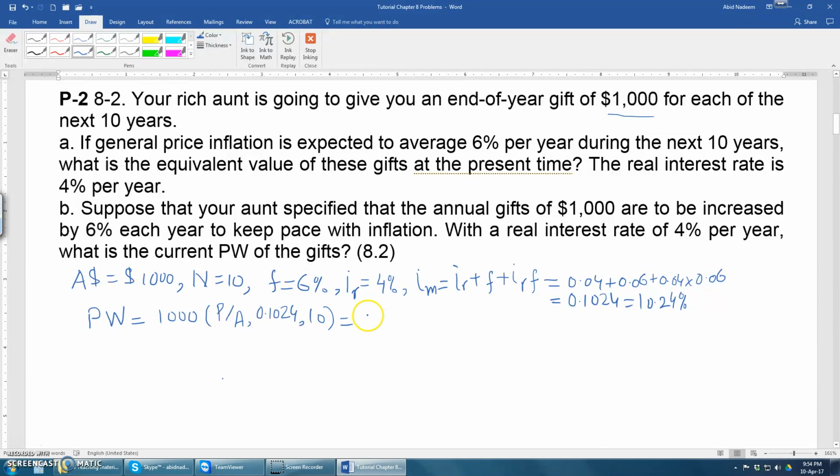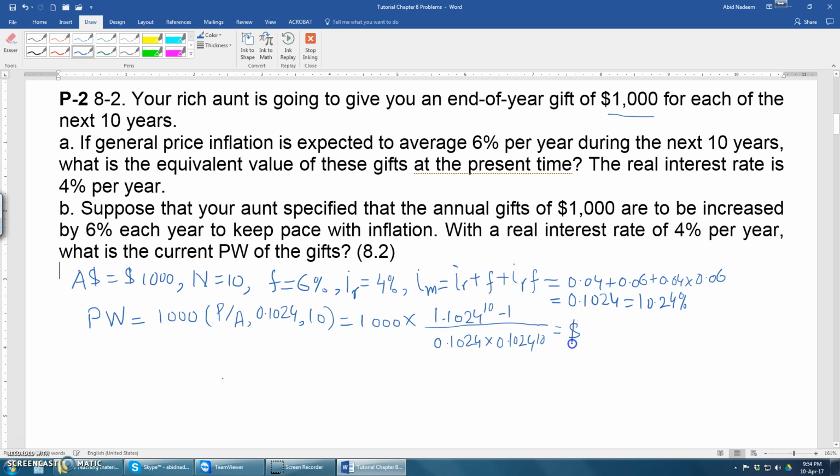Or instead we can use the equation 1000 into 1.1024 power 10 minus 1, divided by 0.1024 into 0.1024 power 10.